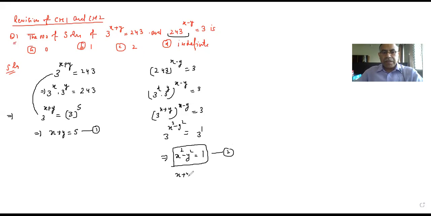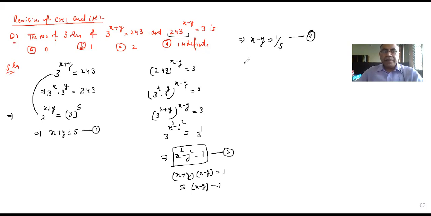What it means? x plus y times x minus y is equal to 1. What is the value of x plus y? This is 5. 5 times x minus y is equal to 1, which implies x minus y is equal to 1 by 5. Let it be equation number 3. Now you can solve equation number 1 and equation number 3 to get the value of x and y. Fine.